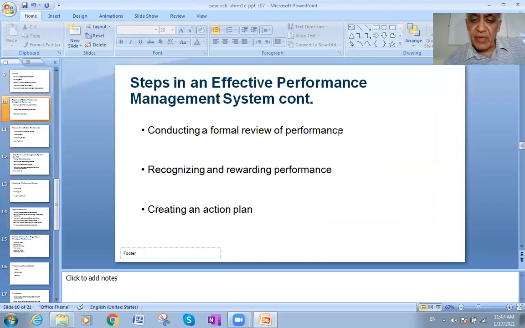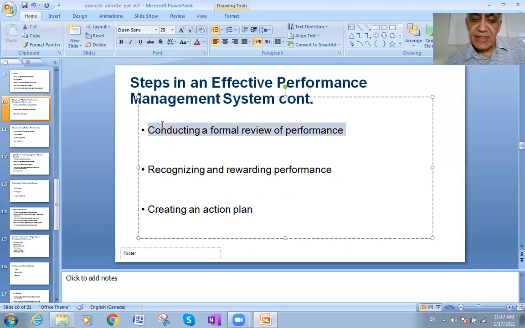Conducting a formal review of performance, always make sure that control, which means monitoring performance, is a continuous process. It's not only done once, then you stop. No, as long as you're working, you always have to have a control process, and the control process is a continuous one.